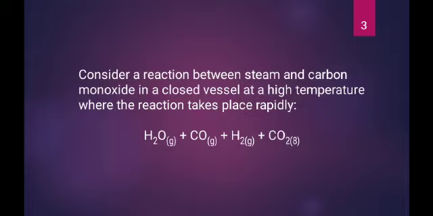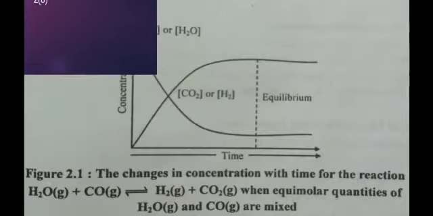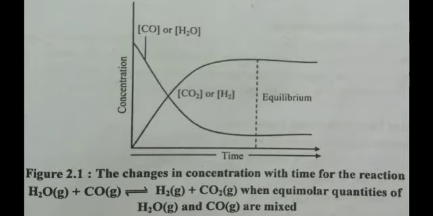Now the change in concentration with time for this reaction can be given with the help of the graph. This graph indicates the change in concentration with time for the reaction H2O plus CO gives H2 plus CO2 when equimolar quantities of H2O and CO are mixed.